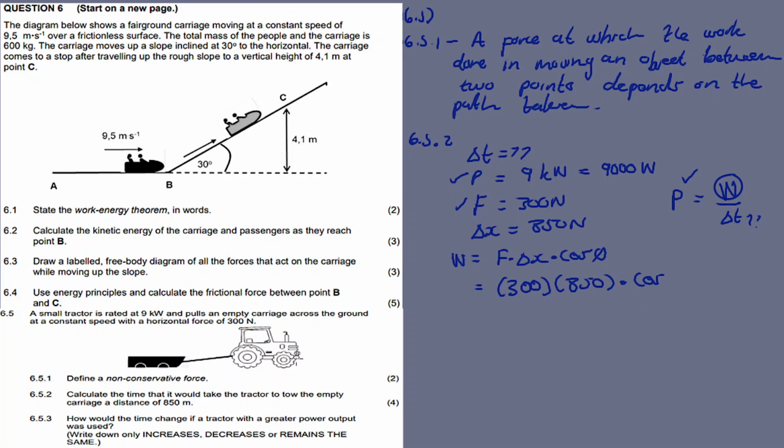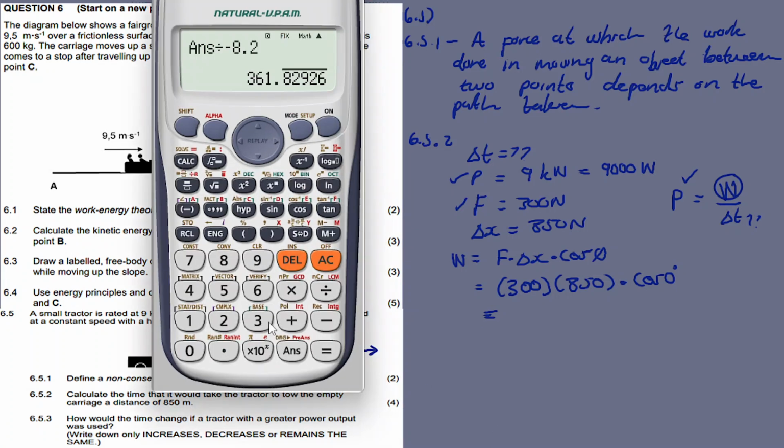Looking at this tractor, the direction of motion is to the right and the force applied is to the right as well. There's no angle between the force and the motion, so theta is about 0 degrees. So 300 times 850 times cos 0 degrees.